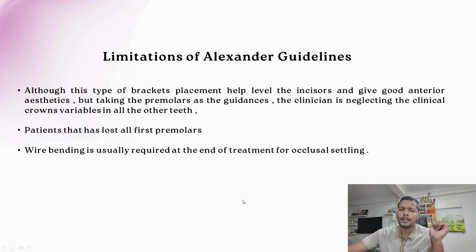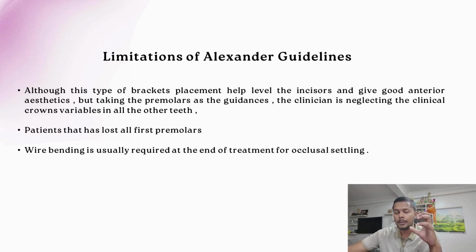And what about the limitations of the Alexander guidelines? This type of bracket placement helps level the incisors and gives a good anterior aesthetic, but by taking the premolar as a guide, clinicians neglect the clinical crown variables in all the other teeth. It's basically focusing on one premolar and sacrificing the aesthetic perspective.